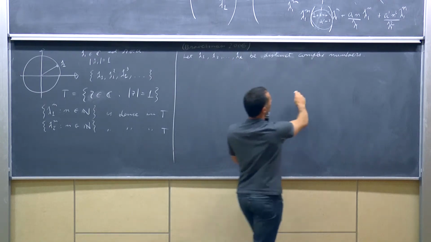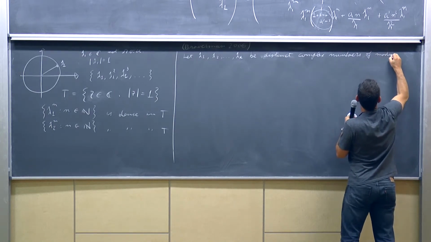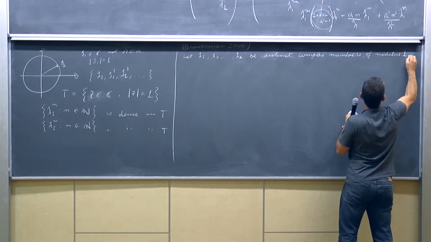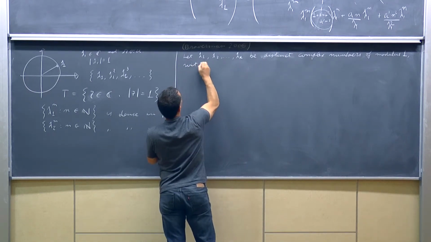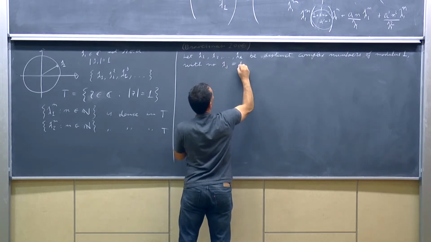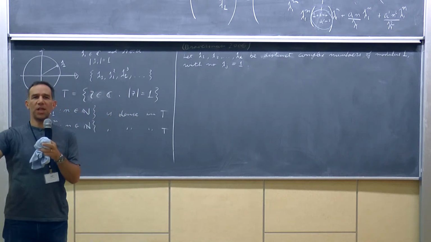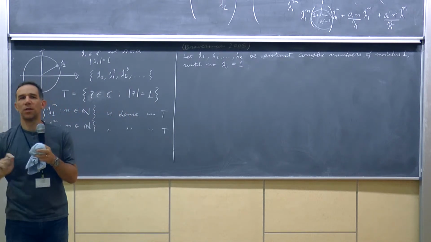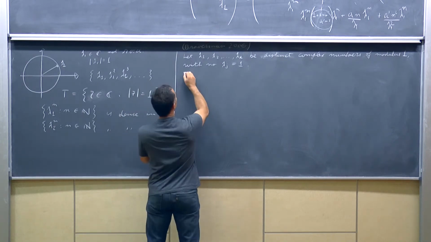So be distinct complex numbers of modulus 1 and with no lambda j equal to 1. So these are complex numbers on the unit circle, but they're all distinct, but you don't have 1. The number 1 is not one of these numbers.